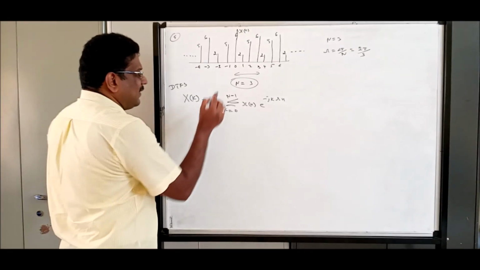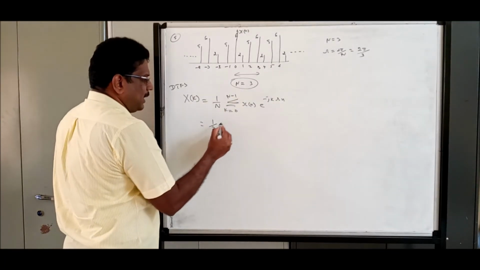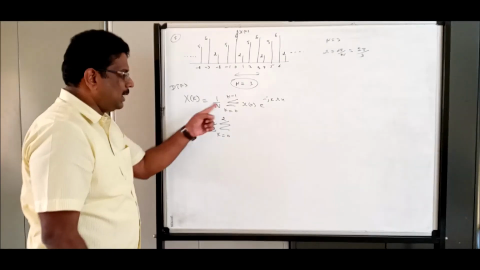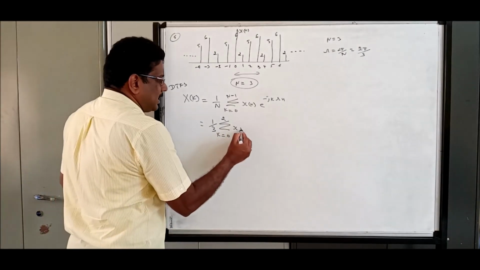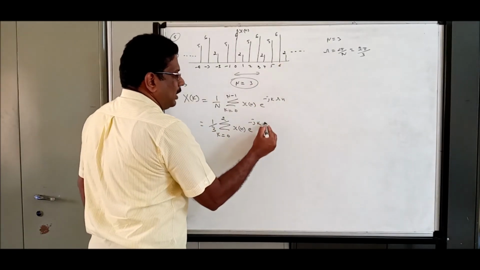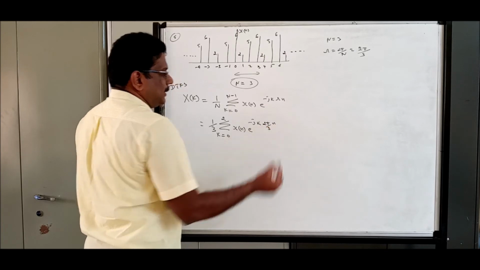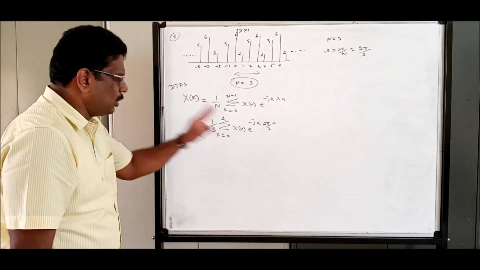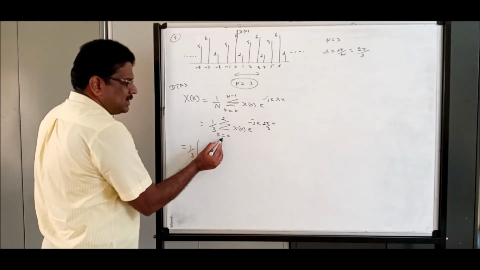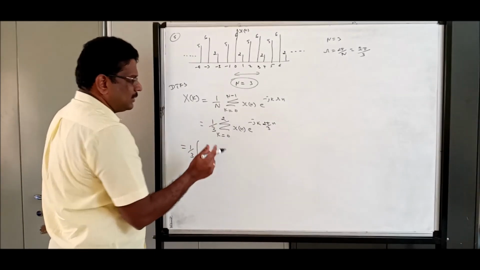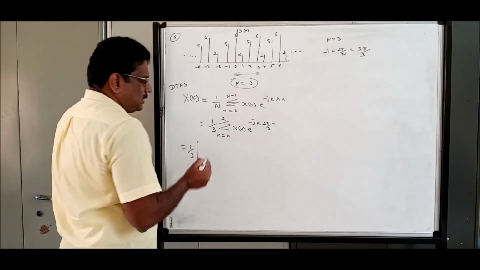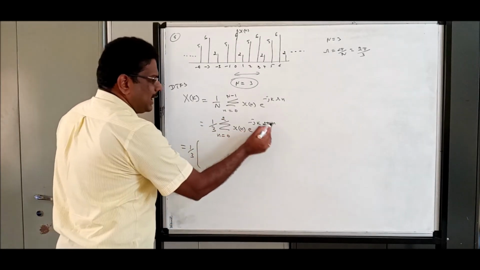Now, what is the given N value? 3. 1 by 3, summation n equal to 0 to 2, because 3 minus 1 is 2. x of n e power minus j k 2 pi by 3 n. Now, I am just going to expand this. 1 by 3 separate. Sorry, I have changed the formula. Just put n is equal to 0 here.